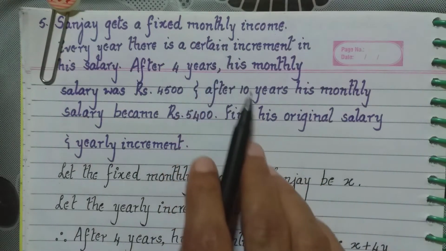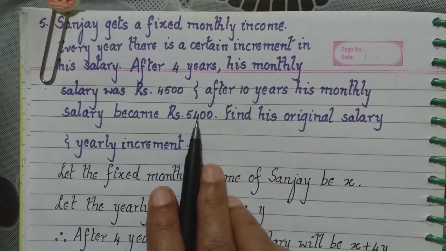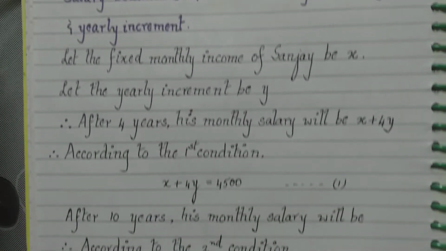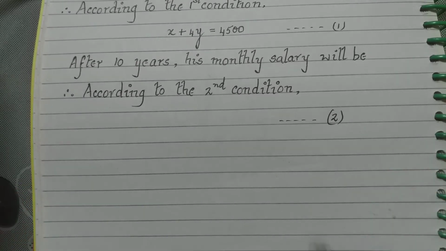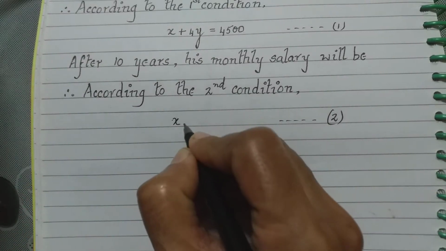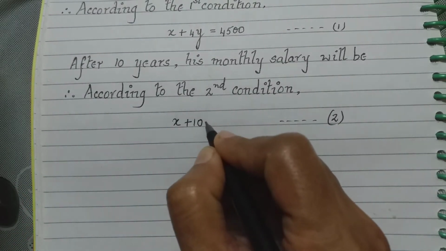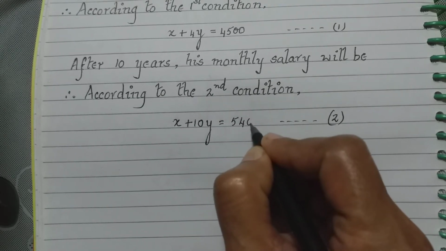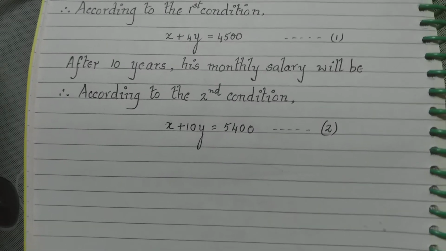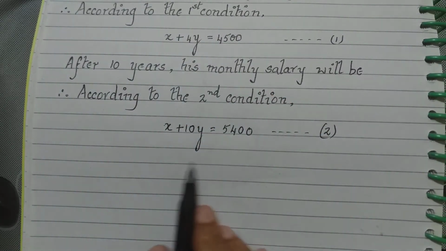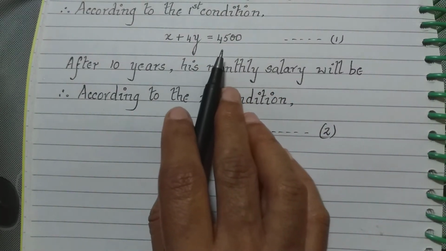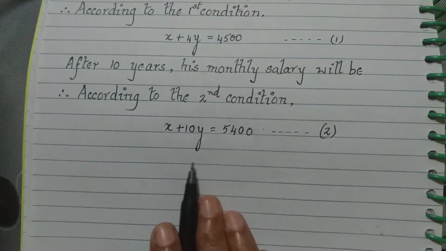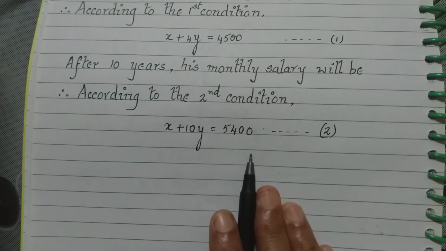So, X plus 10Y is equal to 5,400. Now, let us look at both the equations. We have here X plus 4Y is equal to 4,500 and X plus 10Y is equal to 5,400.